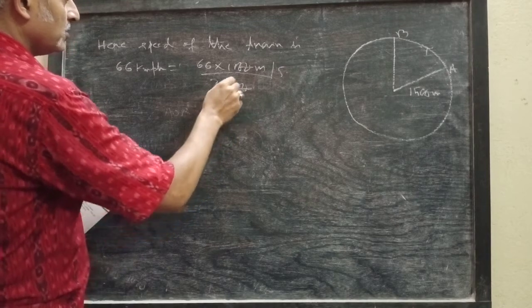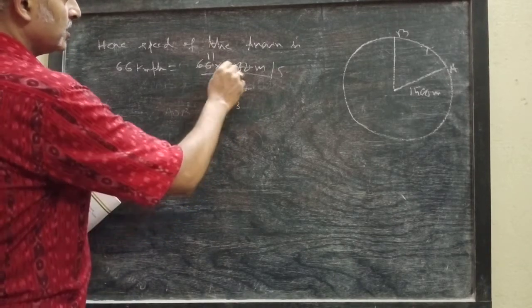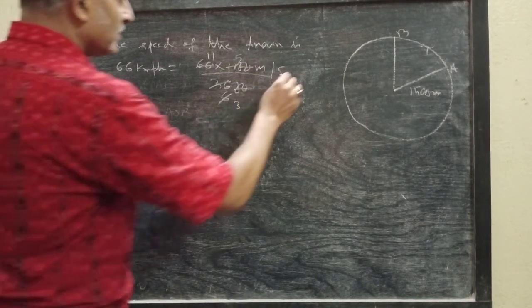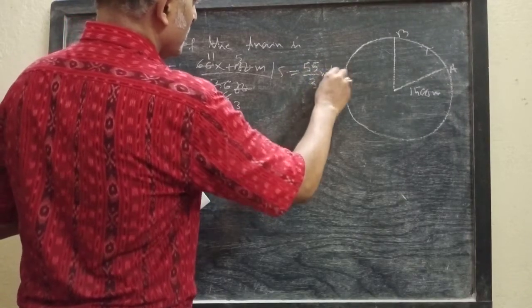Cancel 20. 6 6s are 6, 11 2s are 22, 3 2s are 6. So ultimately we get 55/3 meter per second.